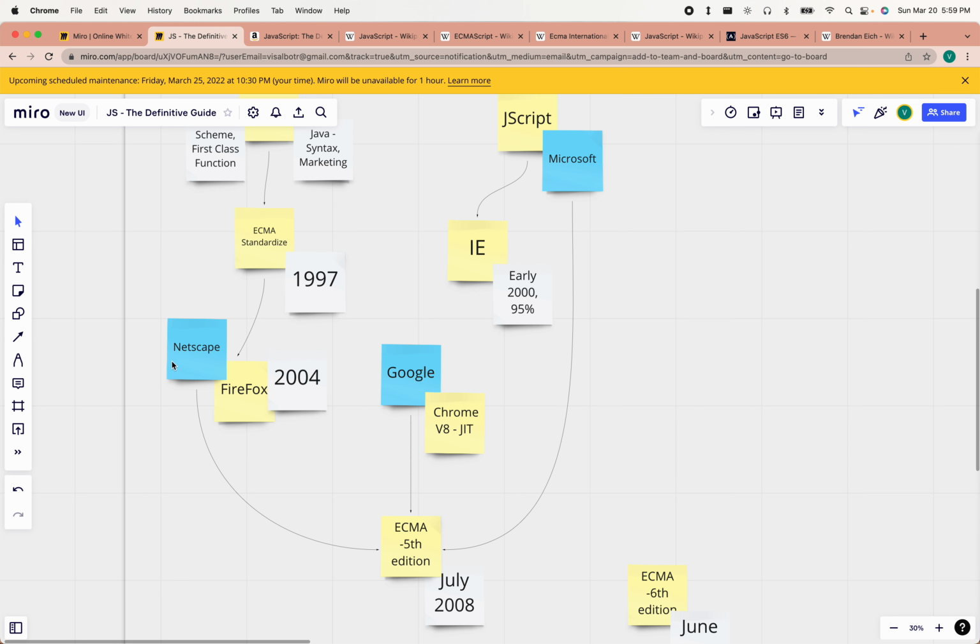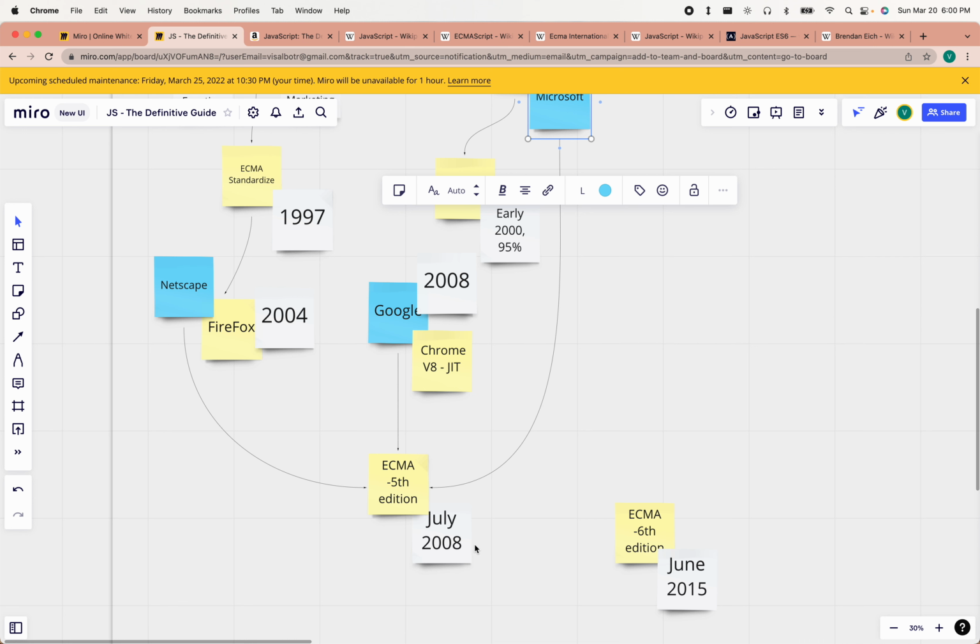And then there is another major event, which is in 2008. Google decided to release Google Chrome, my favorite browser, which is designed with the V8 engine. So in 2008, there were three big companies, Netscape, Google, and Microsoft, that had three different implementations of a language used in the browser.